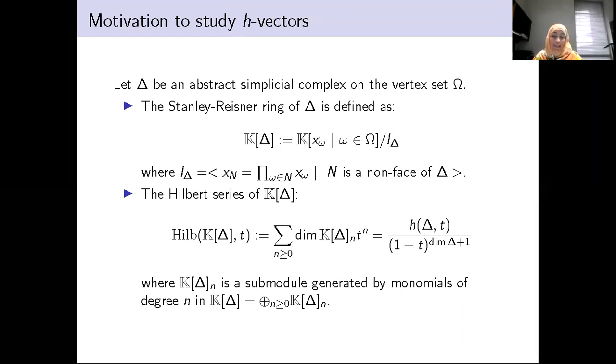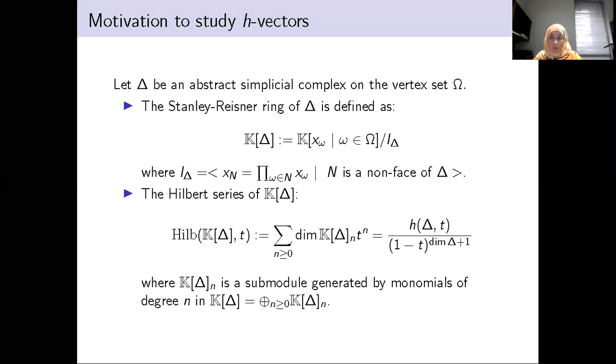That's why I'm not giving too much detail about the algebra, because in this talk I'm mostly focusing on geometry and combinatorics. But to give the motivation, let me define these things.